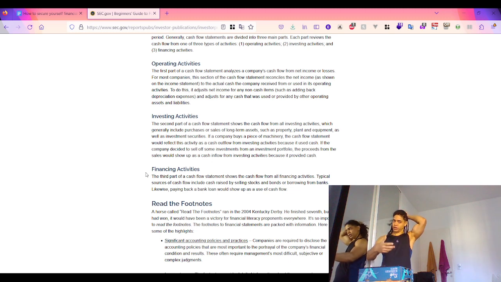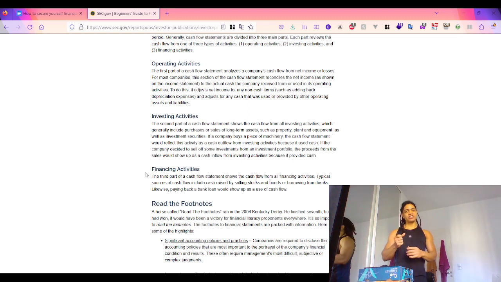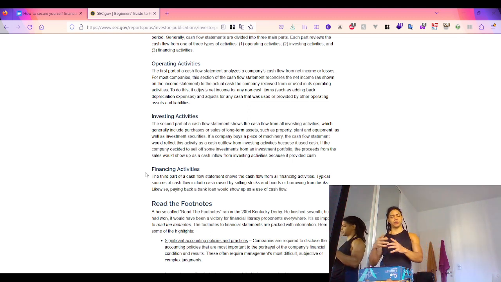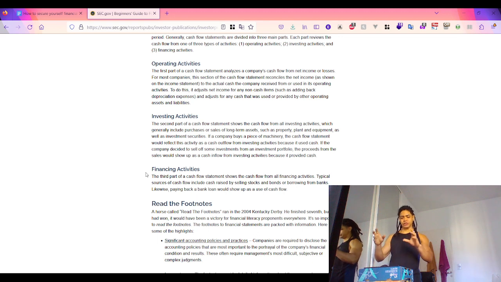So, for example, if a company purchases equipment, this is registered as a cash outflow because cash was used. However, if a company decides to sell some investments in their portfolio, it reflects as a cash inflow because cash was provided from that operation.